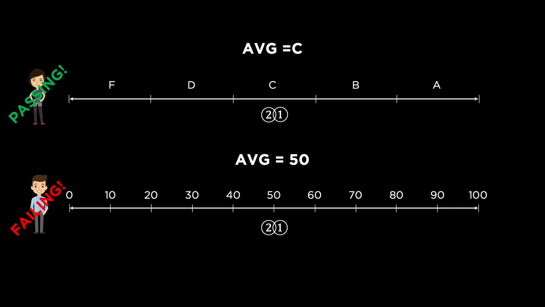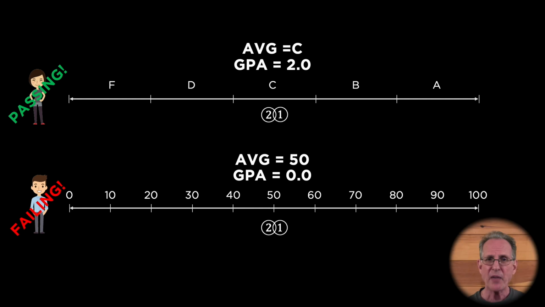But if this trend were to continue, Abby would get a C on her report card, which converts to a GPA of 2.0, but Percy would get an F on his report card, which converts to a GPA of 0. Both averages can't be right, and that means that someone is being treated very unfairly.